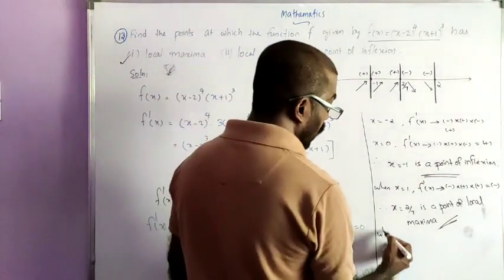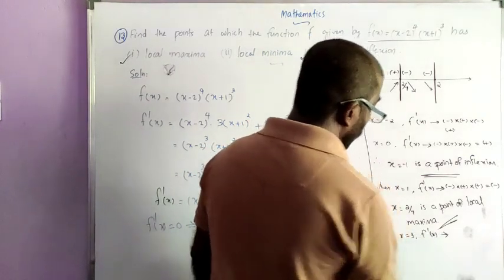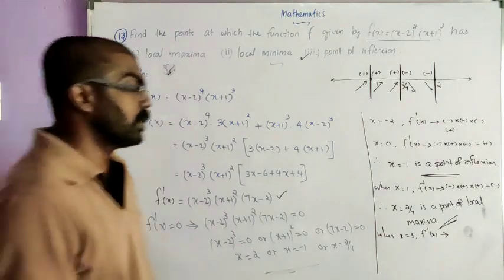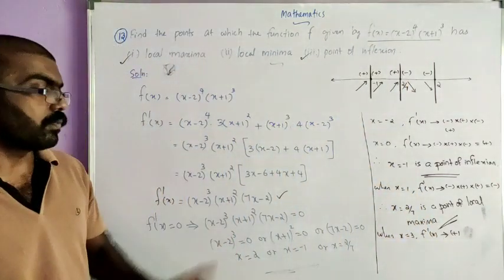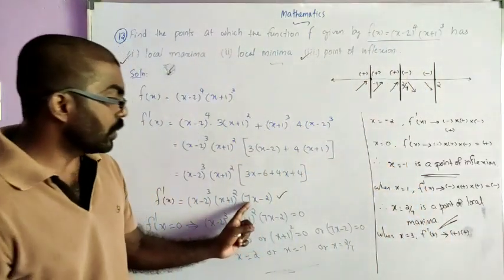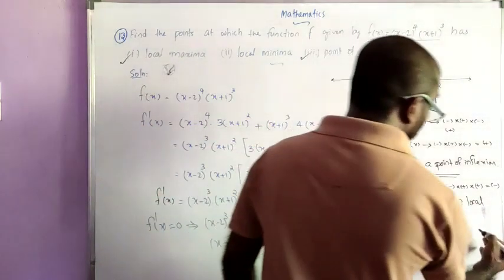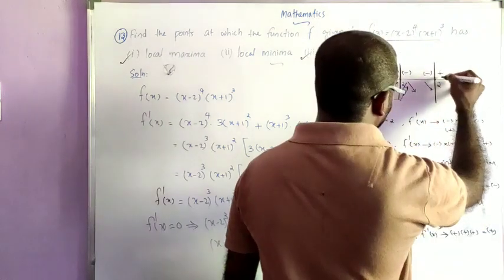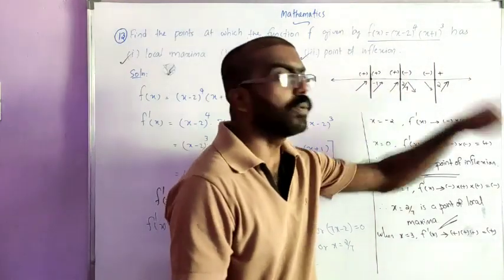And when x equal to 3, the sign of f dash of x: 3 minus 2 is 1. 1 cube is 1, positive. 3 plus 1 is 4, 4 square is 16, positive. 7 into 3 is 21. 21 minus 2 is 19, positive. So the overall sign is positive. So here positive, and the change is from negative to positive.